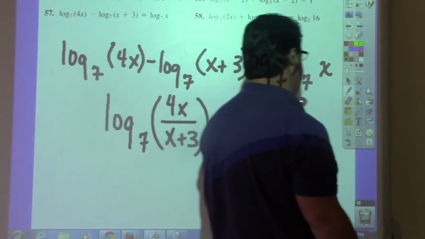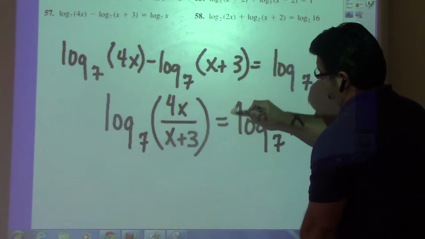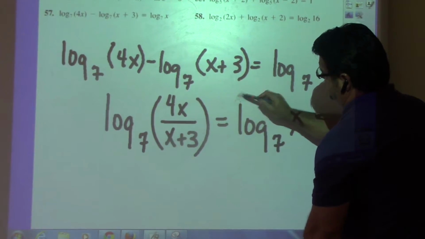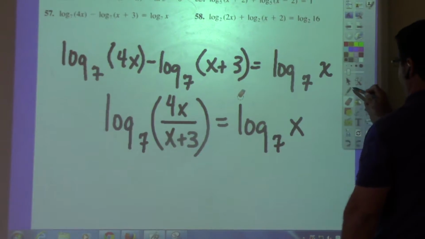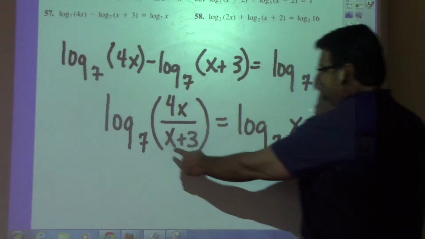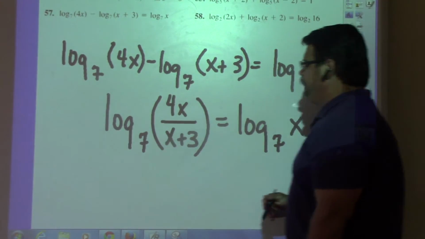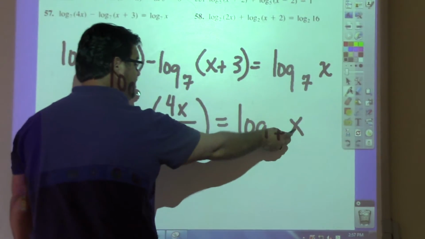Now what's the rule here? It looks complicated, but what's the rule? Because they have the same base and you have variables here. If there was a number here, then you could set that equal to the number.